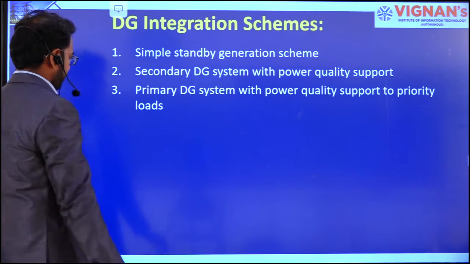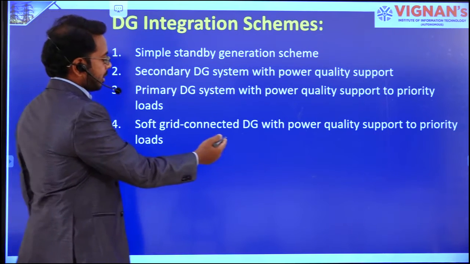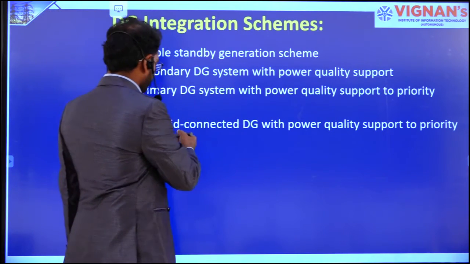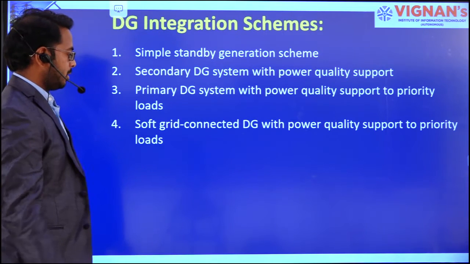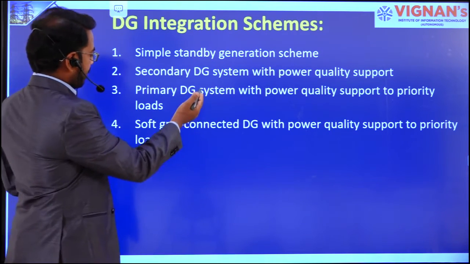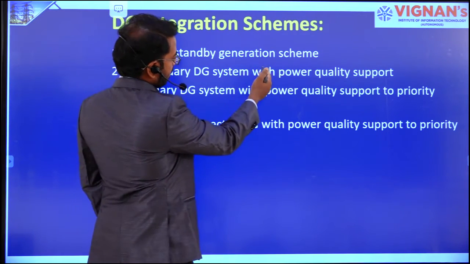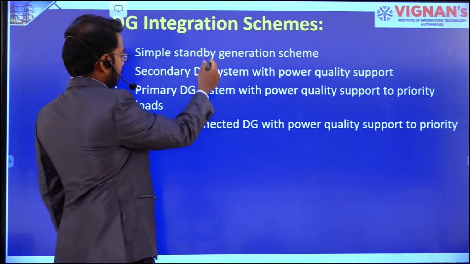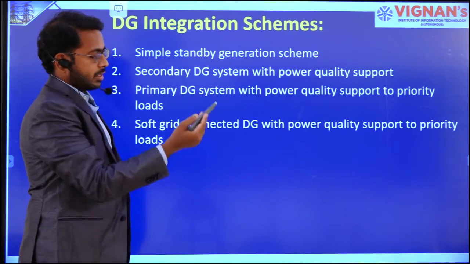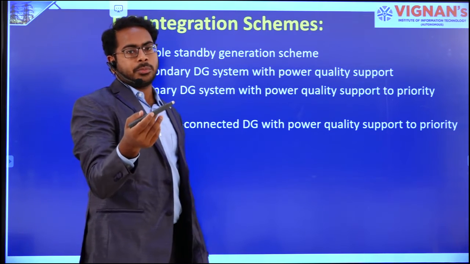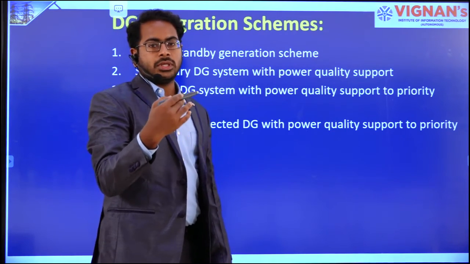There is another type of scheme. The fourth one is the soft grid connected DG with power quality support to the priority loads. That means the previous three are not connected to the grid. These three are the standby generation scheme and are not connected to the grid. The best example is our diesel generator; we are not pumping power back to the grid side.